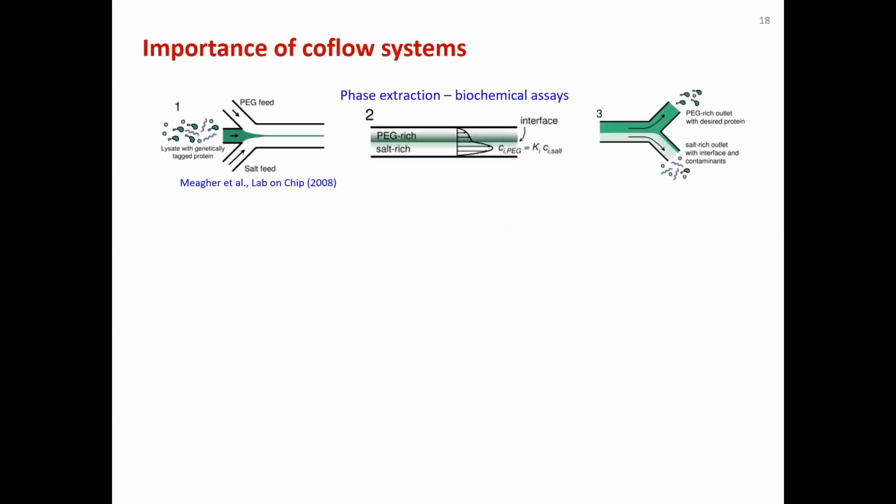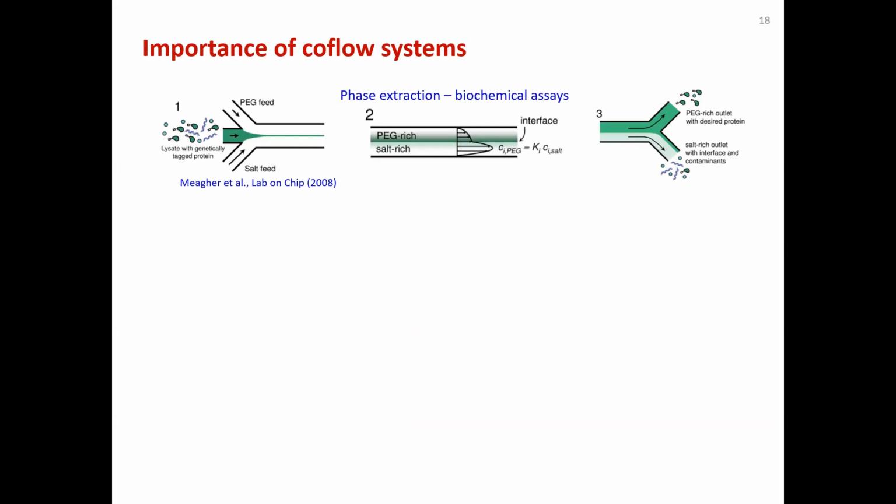Next, I would like to talk about some work that we did on acoustic handling of co-flow systems. Co-flow systems are basically two parallel streams of fluids or liquids flowing in a channel, for example. Such co-flow systems have been used for phase extraction.